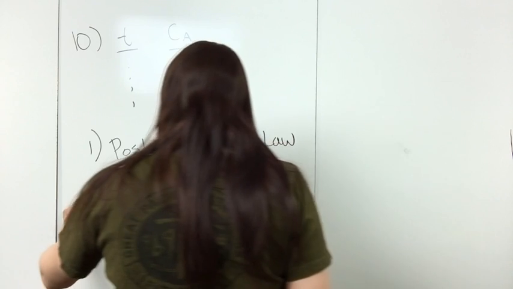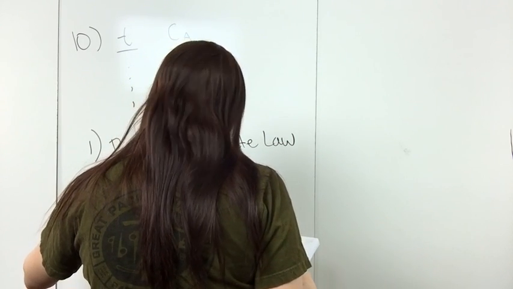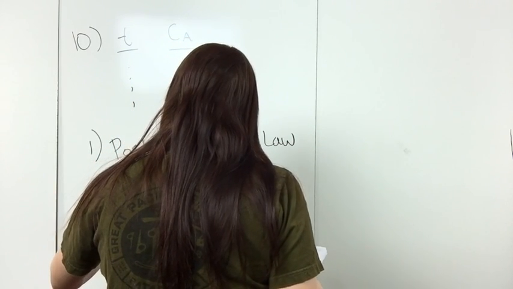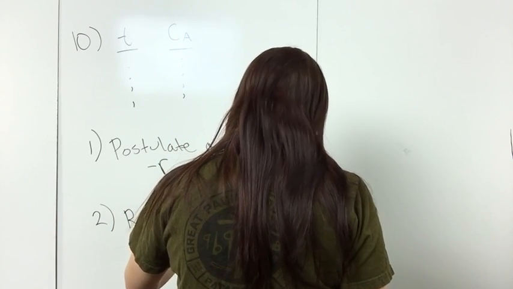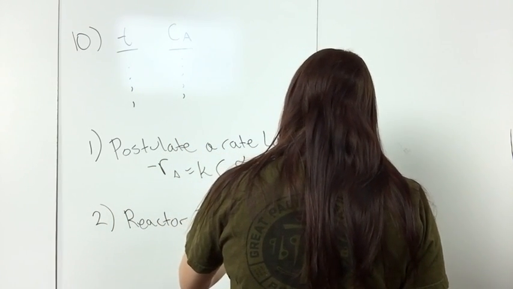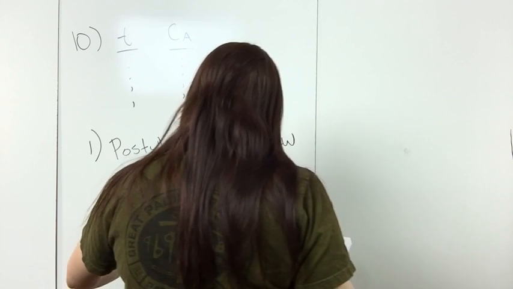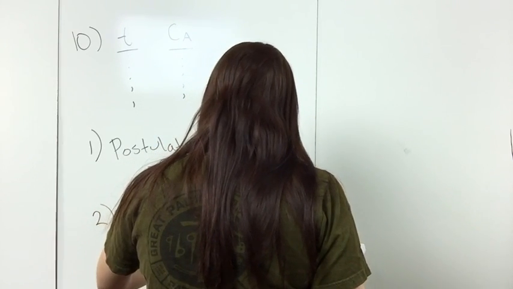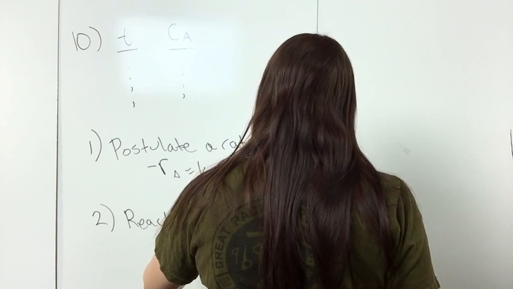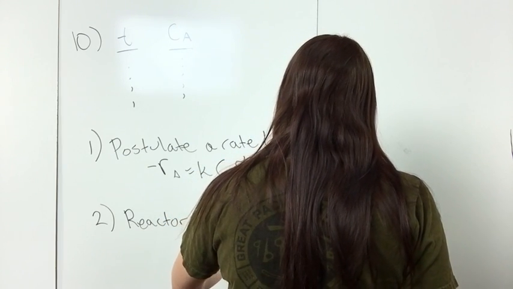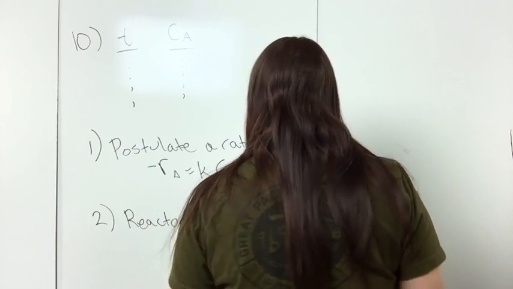And then if your reactor type is a batch, which it says it is in this case, then you know that the mole balance for a batch reactor is minus Ra equals minus dCA/dt.